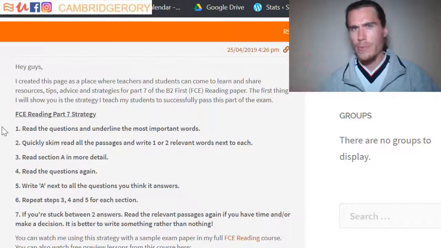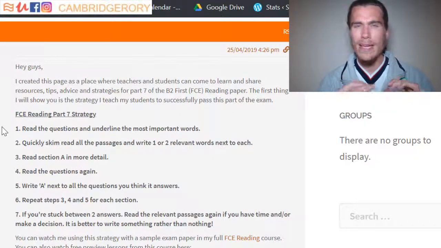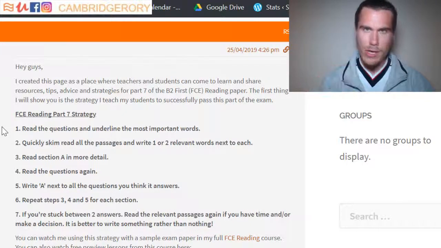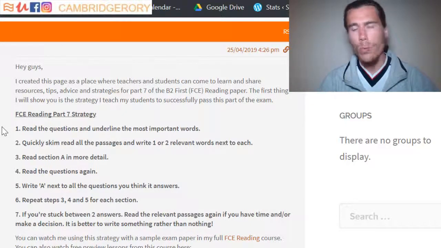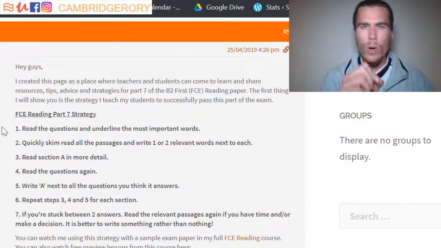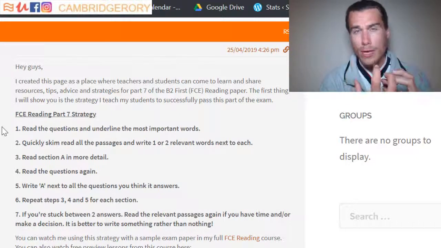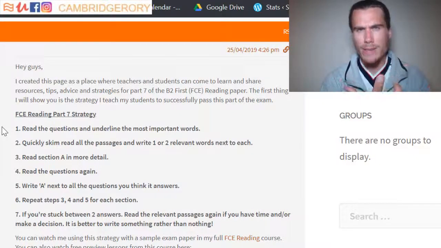Step number 2 is then to quickly skim read, which means very quickly read each passage to have a general idea of what it is about. So it shouldn't take more than about 20 seconds for each passage, or even 15 seconds for each passage. And while you do this, you should write down 1 or 2 words next to the passage which tell you what the passage is about.